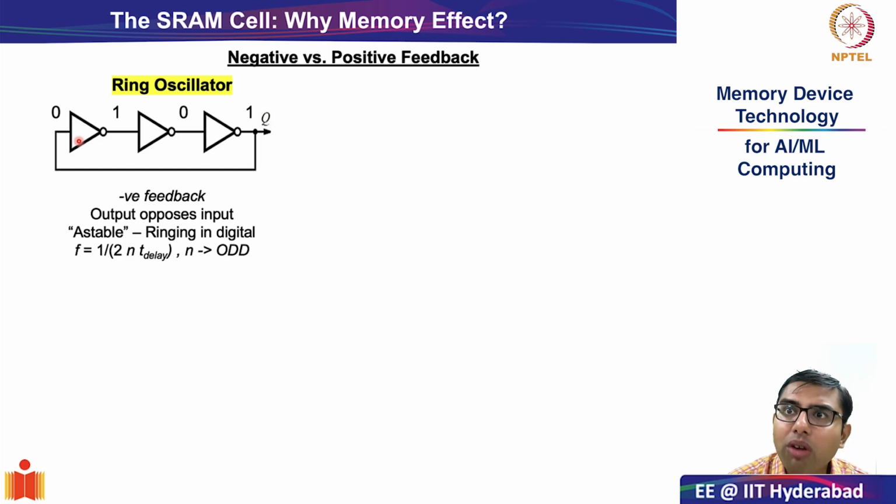Okay, so what will happen is the same cross-coupled inverters, you can now say that this is inverter 1, 2 and 3. Why are they called cross-coupled?